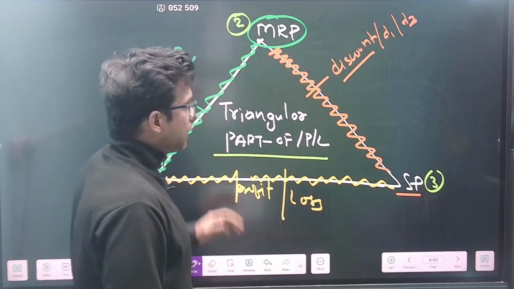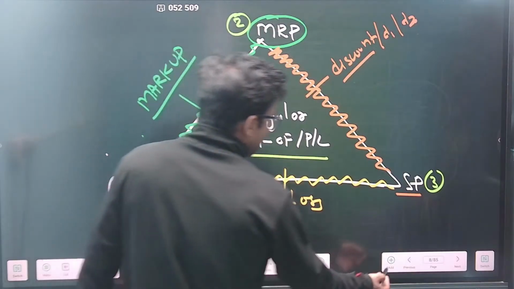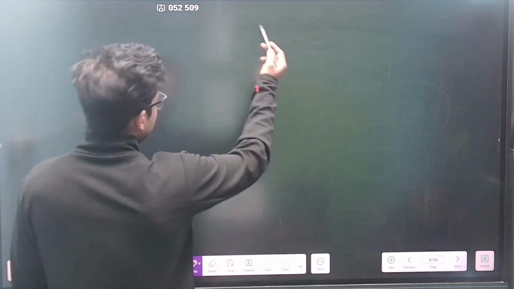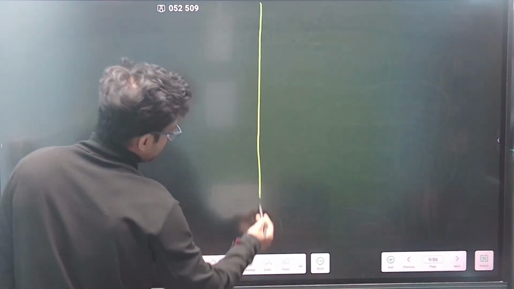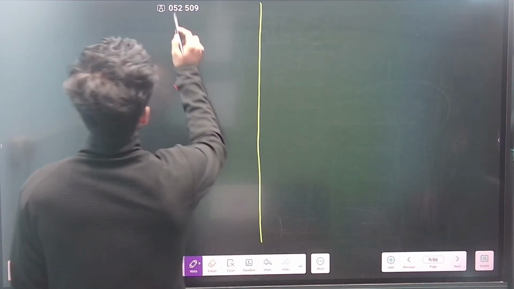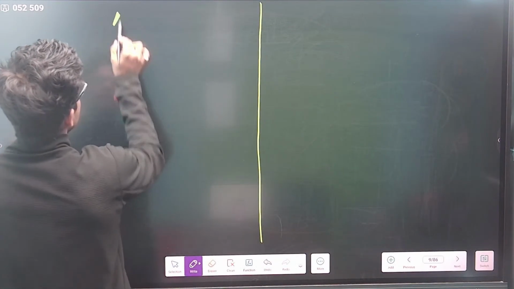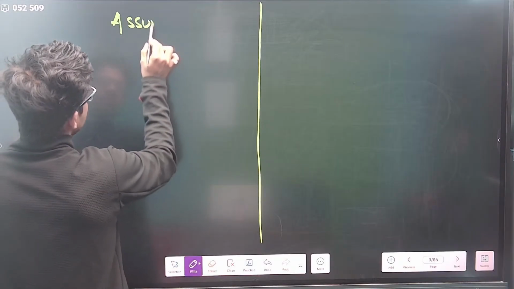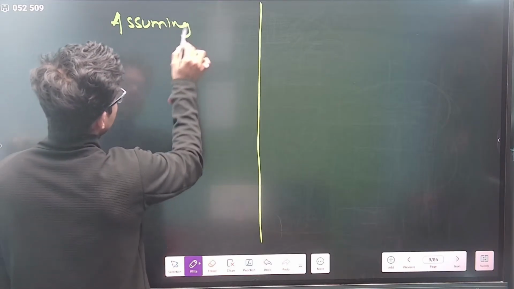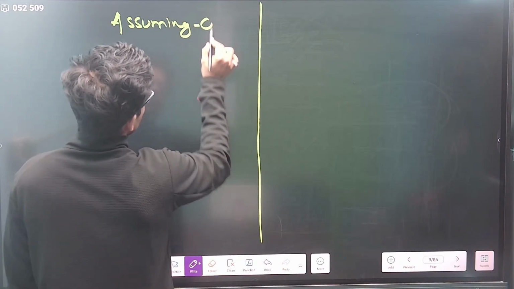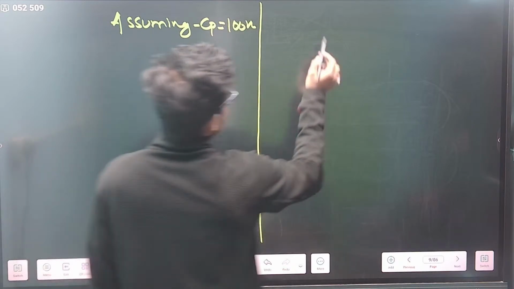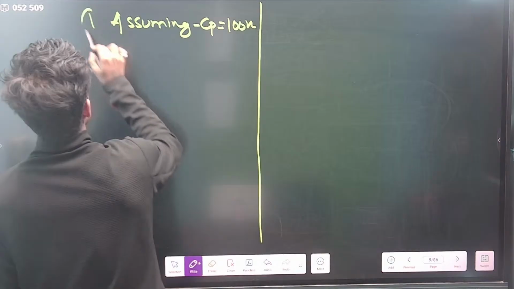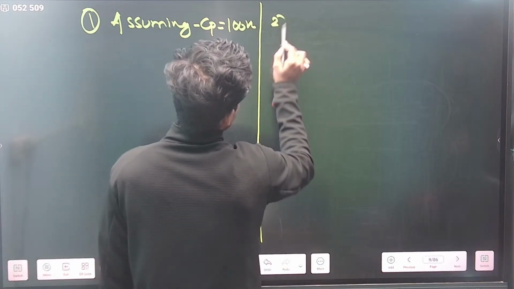So this is the theory and structure. Now let me make you understand the two different methods of understanding this chapter. First is assuming the value: every time you assume your CP would be 100x. And the second is the ratio method.